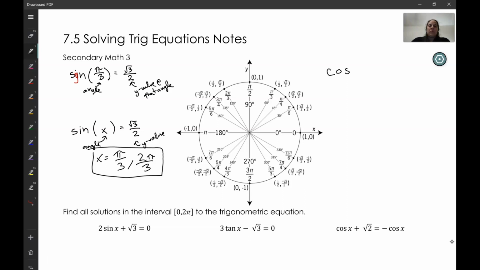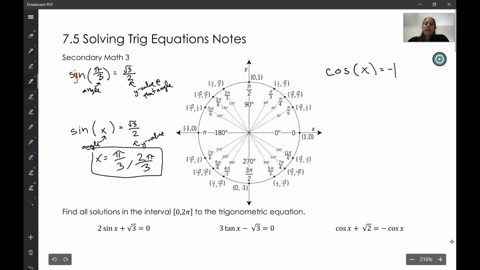So let's do cosine of x equals -1. Cosine is our x value. So we're essentially saying what angle gives us an x value of -1. So I look on my unit circle and try to find the x value that is -1.